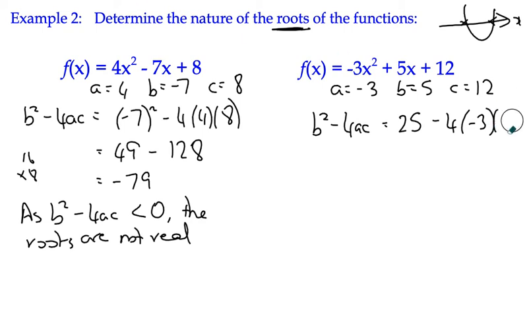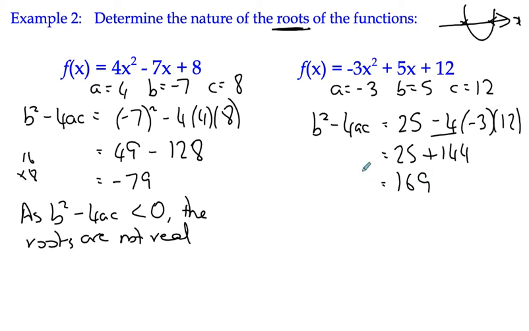Watch that negative. As soon as you put a negative in one of these brackets, it means that we're going to have a clash of signs here. So we've got 25, and negative 4 times negative 3 is positive 12, and 12 12s are positive 144, which is 169. It's positive.